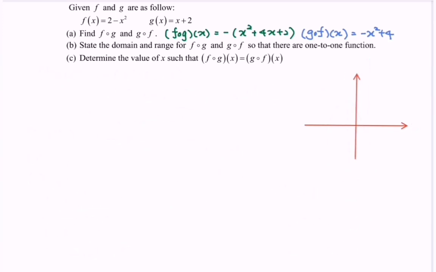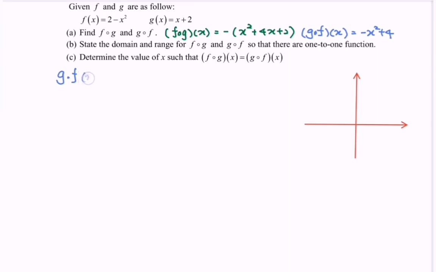Next, focus on g∘f. Here we have the function g∘f, which equals negative x squared plus 4. Basically, if it's x squared, the graph will be something like this.